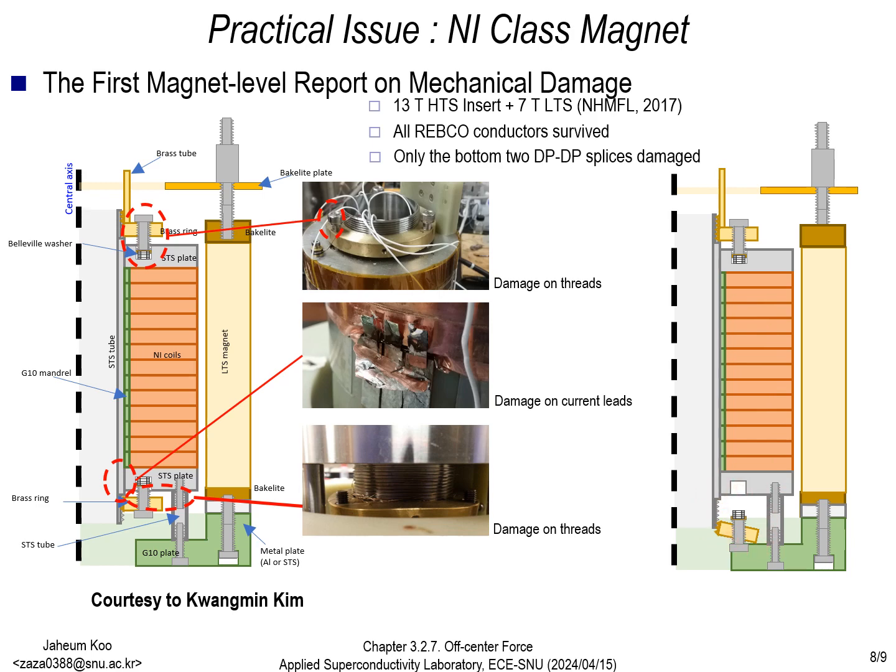During this situation, the preloaded bolt structure and the current lead were damaged. As can be seen in the middle photograph, the off-center force like this led to significant damage to the structures.